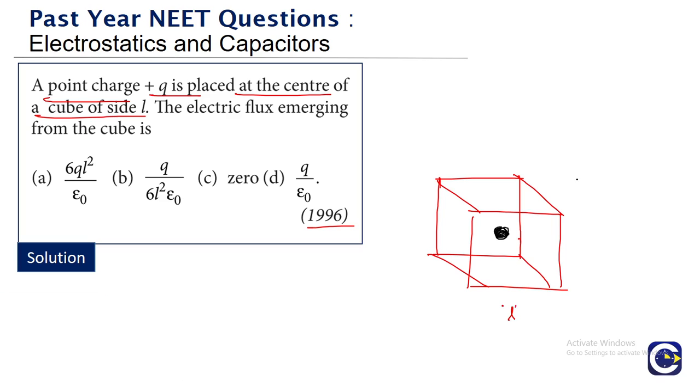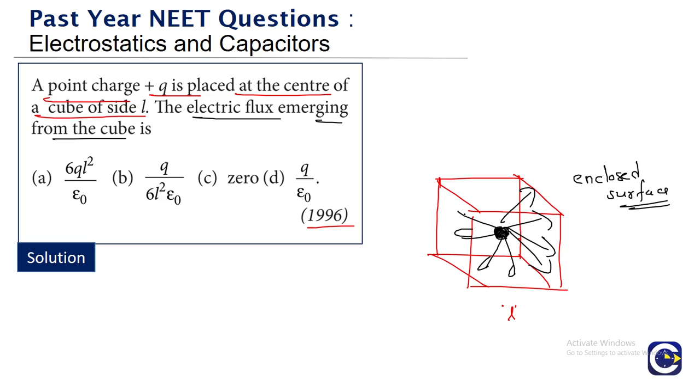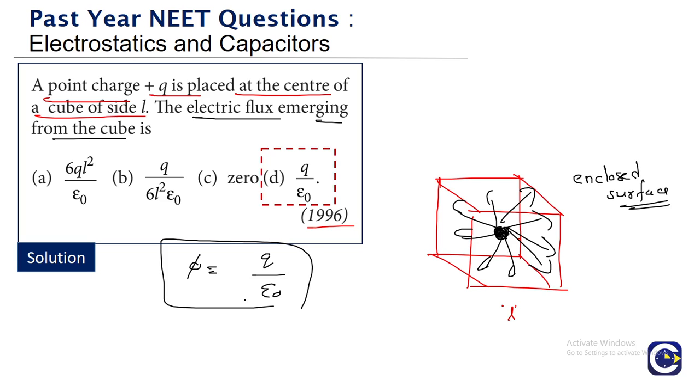So the cube is as such the enclosed surface. The electric flux emerging from the cube, means inside the cube there is only one charge, that is the charge Q. So the flux will be contributed by only charges inside, that is the Gauss law concept. So flux through the cube is equal to charge inside, which is Q, divided by epsilon naught. It's a straightforward question. Option D is the answer.